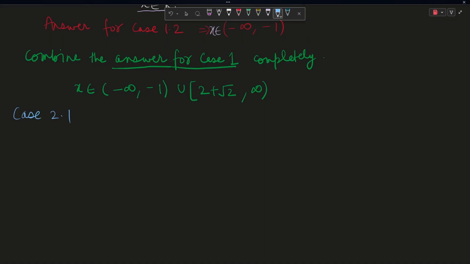Now, for case 2.1, let's first define the condition that base is less than 1 and greater than 0.